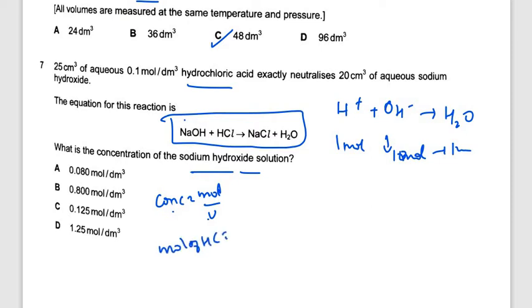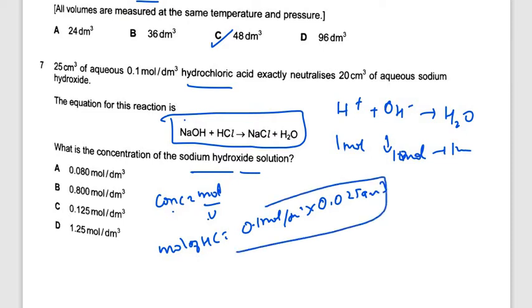Yes, it will be the concentration of HCl, which is 0.1 mole per decimeter cube, multiplied by the volume, which is 25 centimeter cube, basically 0.025 decimeter cube. So this is your number of moles of HCl, which is exactly equal to the number of moles of NaOH, right? Why? Because the ratio of NaOH and HCl should be the same for complete neutralization. So this is your mole of NaOH as well.